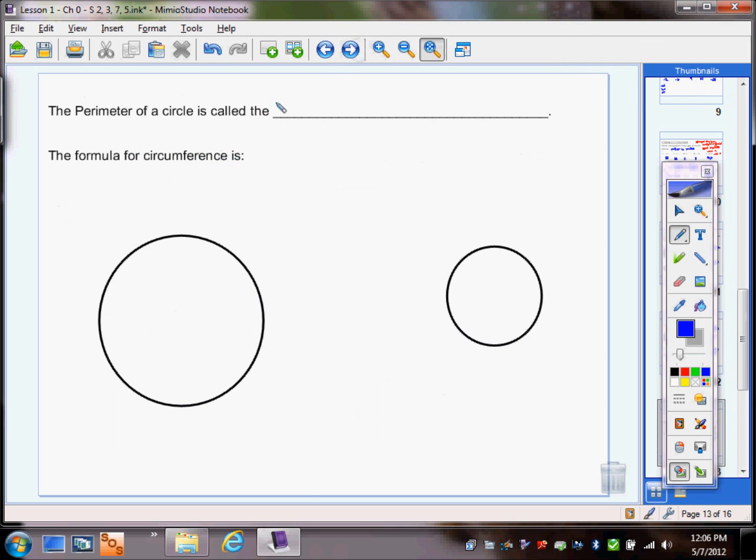Okay. Now the perimeter of a circle has a special name, it's the circumference. Okay. And the formula for circumference, there are 2. Okay. They're really the same thing because the diameter of a circle, that's D, right?